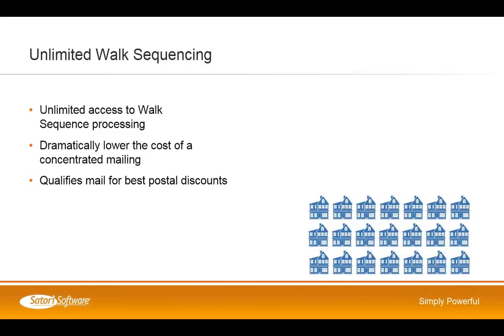Even though it may be incremental in nature, there could be savings for potentially any list, even if it is dispersed in general but has a few areas of concentration. You can still take advantage of the additional discounts, or the best rate you can get when it comes to postage.